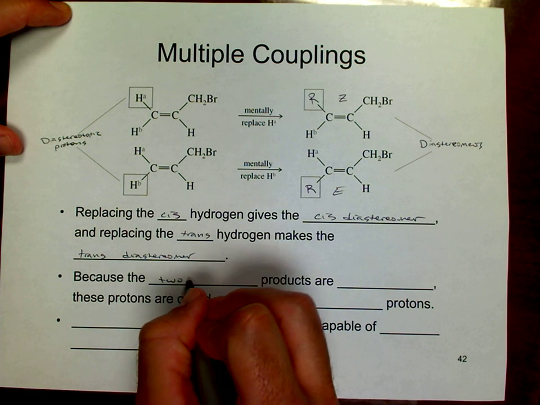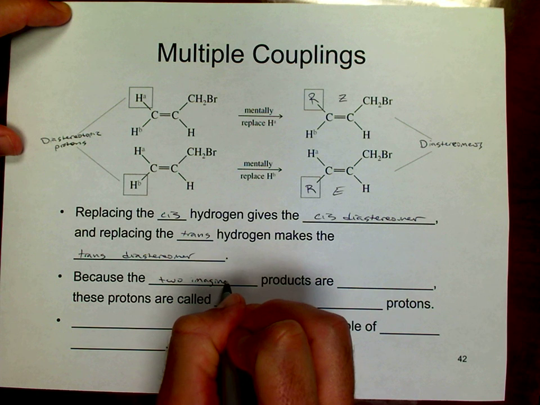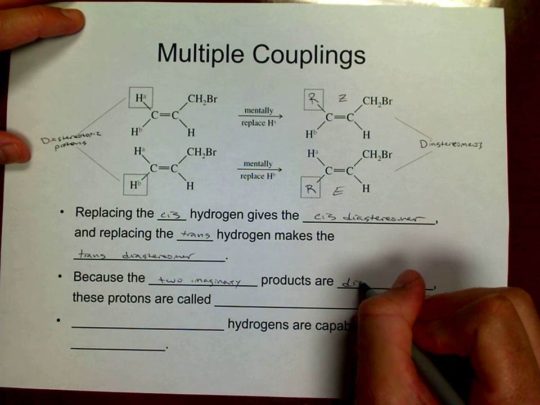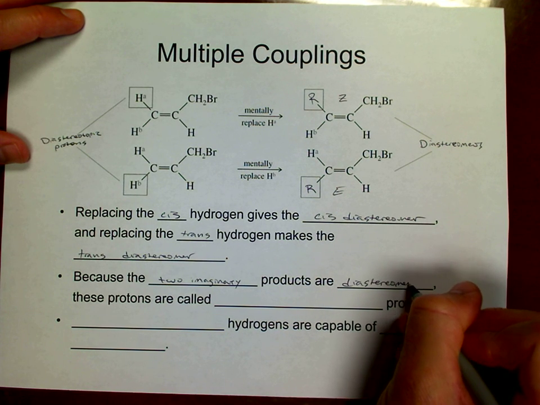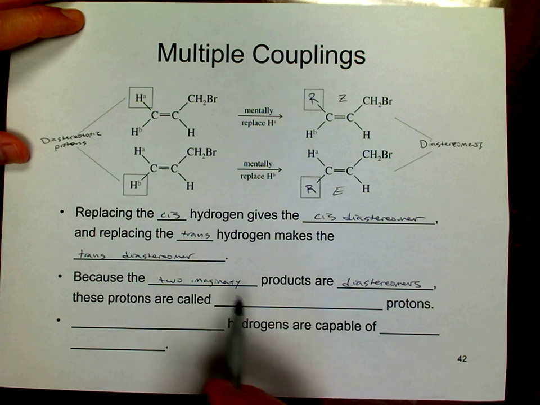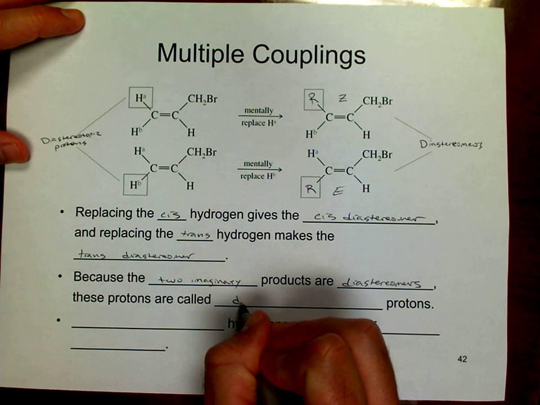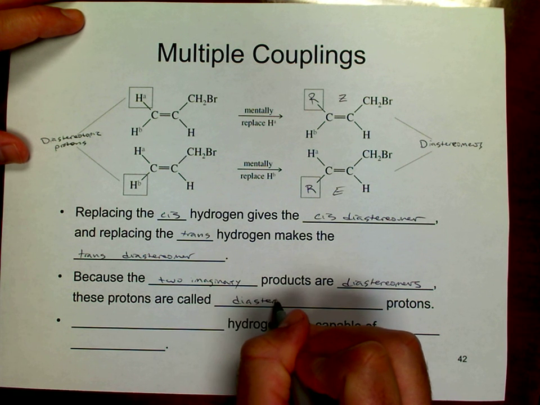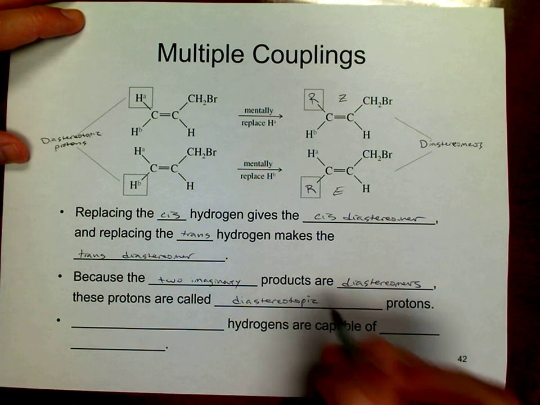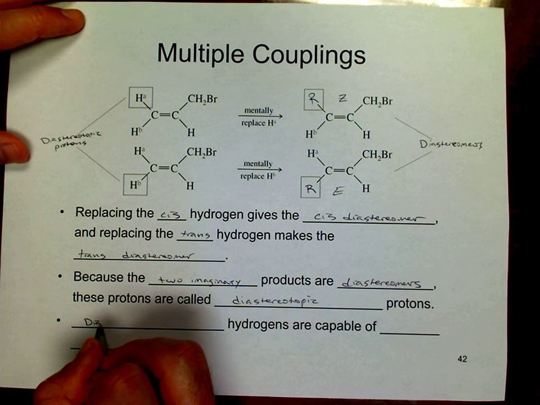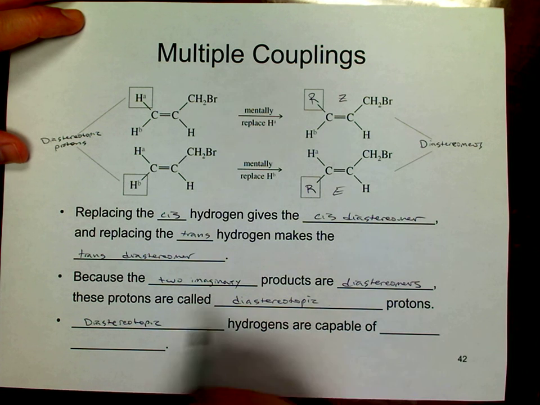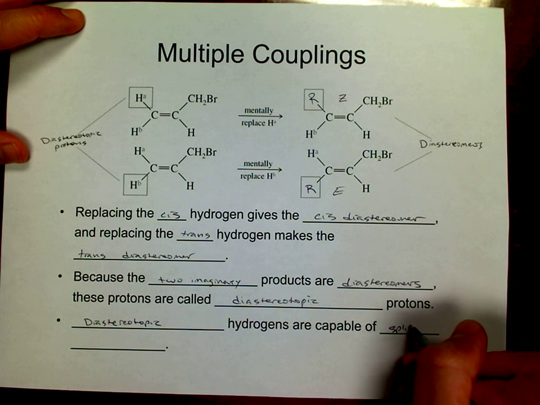So the two imaginary products are diastereomers. Okay, so this makes those protons diastereotopic protons. Diastereotopic protons are capable of splitting each other.